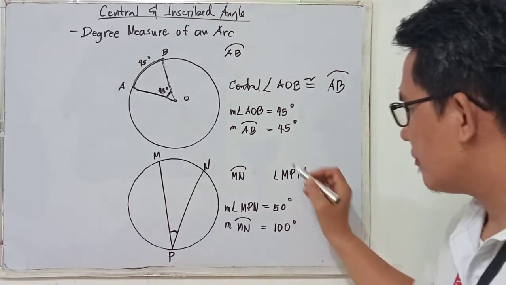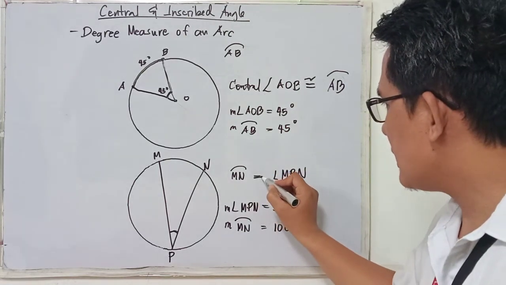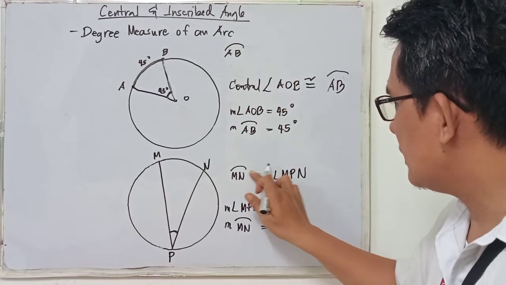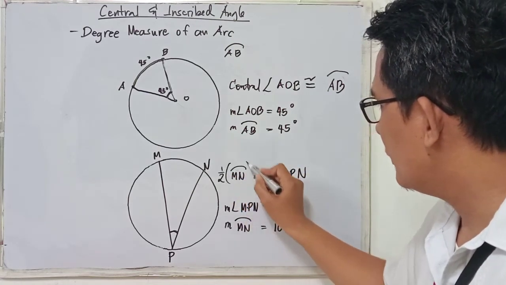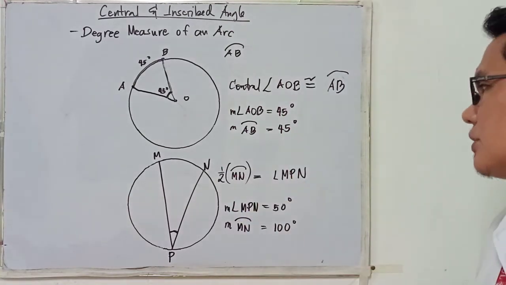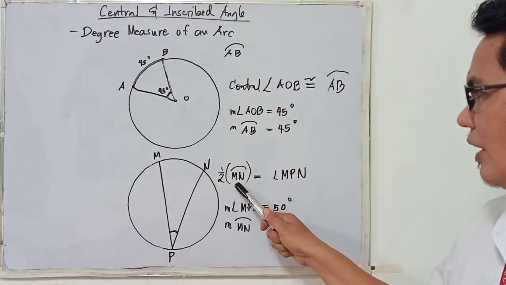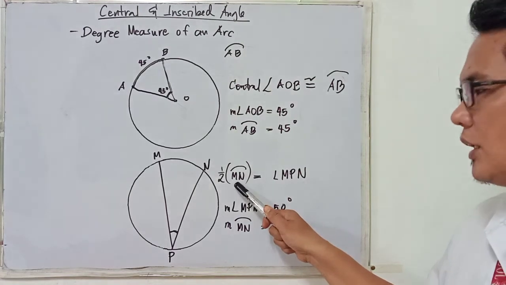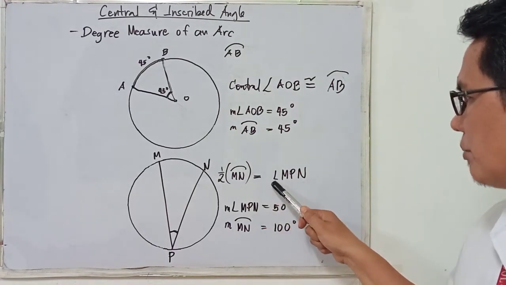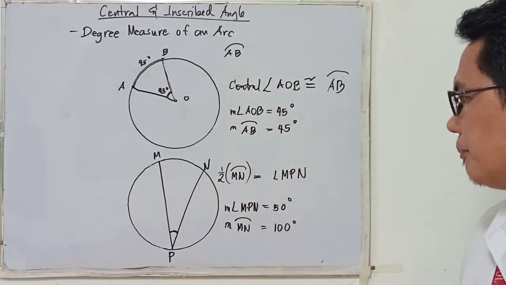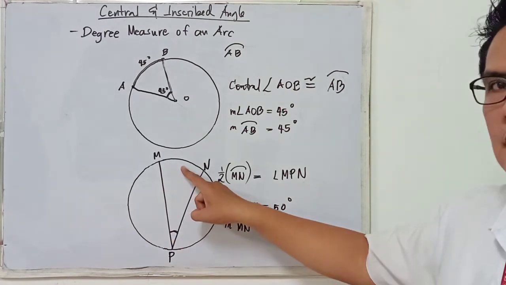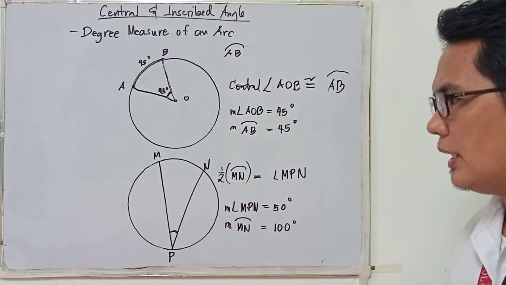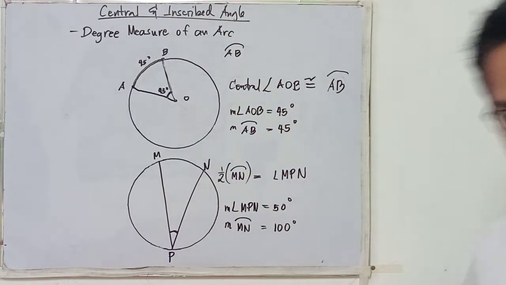Therefore, the half of the measurement of our arc is equal to the measurement of our angle MPN. Again, if this is 50, its intercepted arc is 100 degrees.